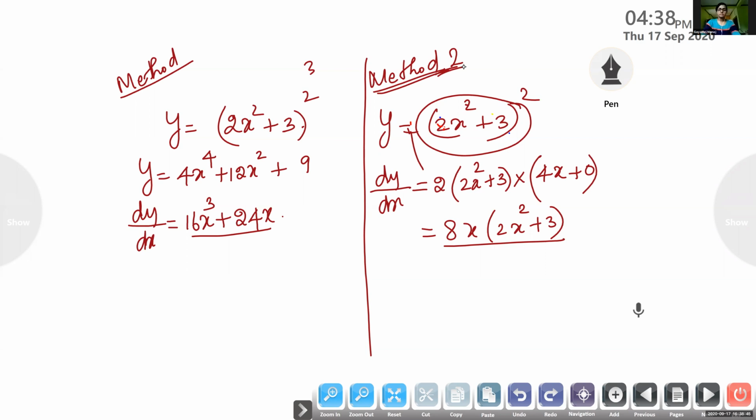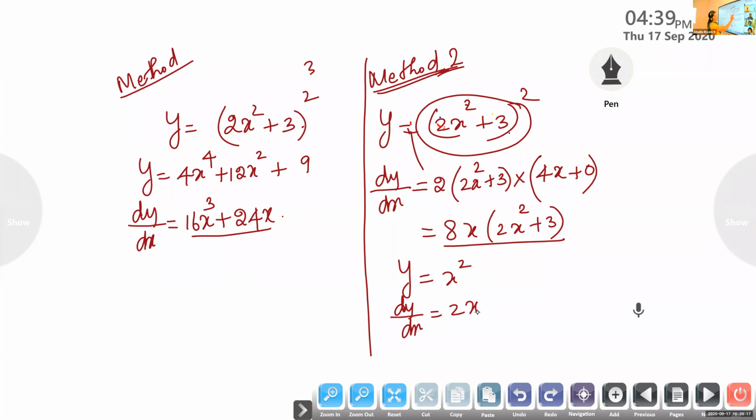Ma'am, could you explain method 2? Okay. What is the derivative of x square? It is 2x, isn't it? In the place of x, we have (2x square plus 3) the whole square. So when you differentiate x square, we write 2x into, now what is in the place of x?